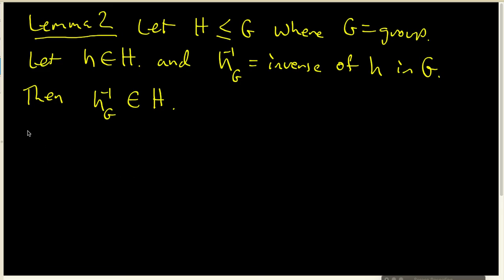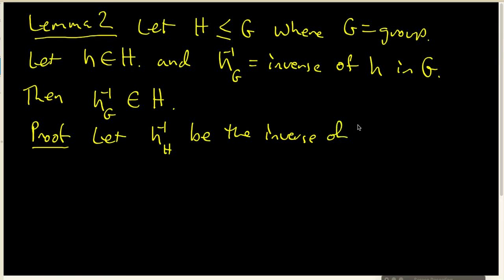The proof of this is going to be very similar to the proof of the previous lemma. What I'm going to do is let h inverse sub capital H be the inverse of h inside the subgroup capital H. Now remember that capital H is a subset of capital G as well as being a subgroup.